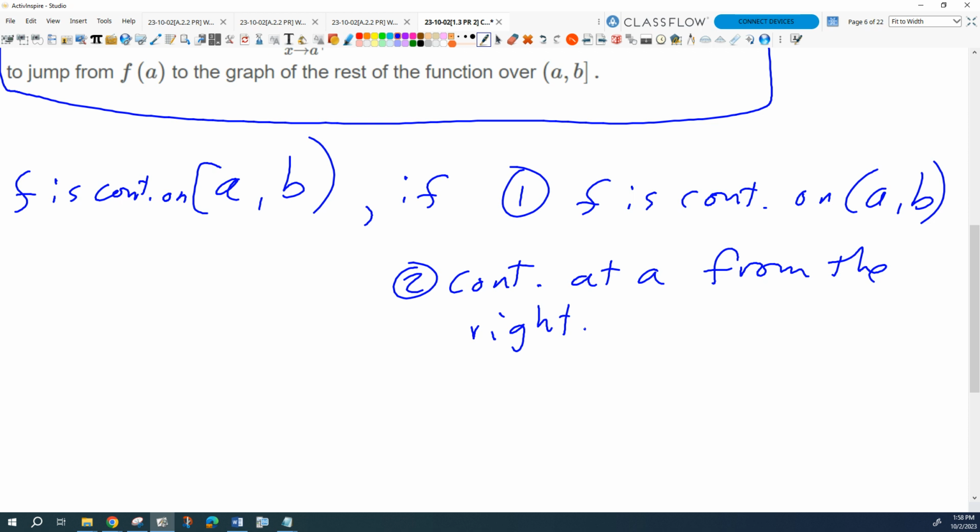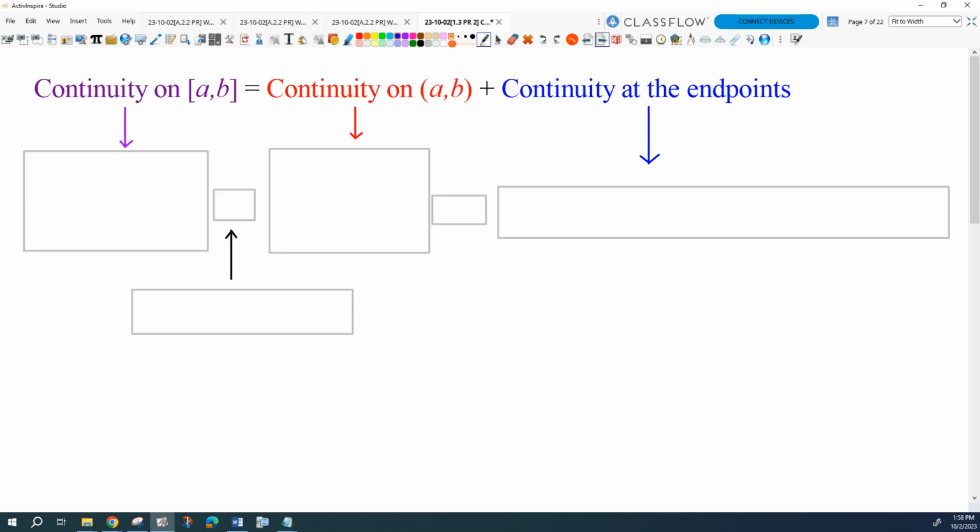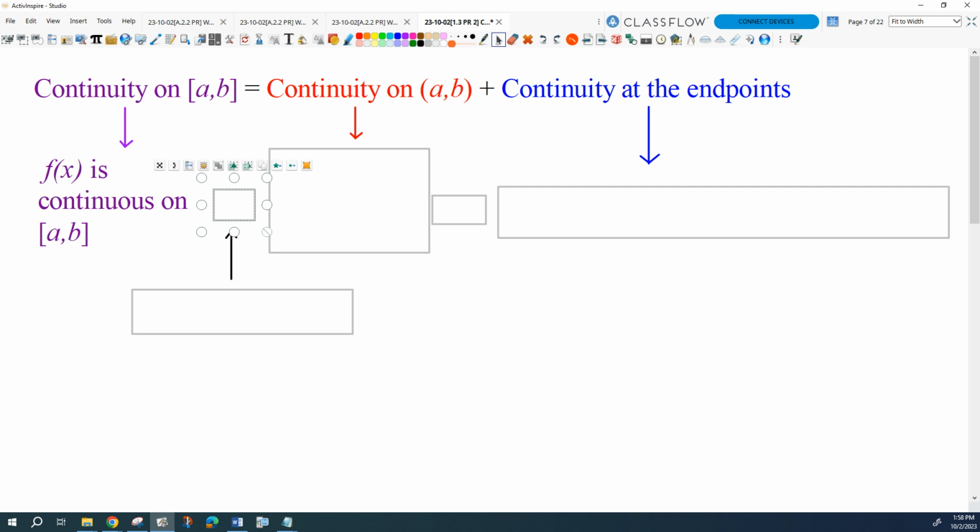And then we could say in general, continuity on the closed interval from a to b equals two things. Continuity at every point between a and b plus continuity at the endpoints, right? What's that look like? Well, f of x is continuous on the closed interval from a to b if and only if, that's what that IFF means, right?